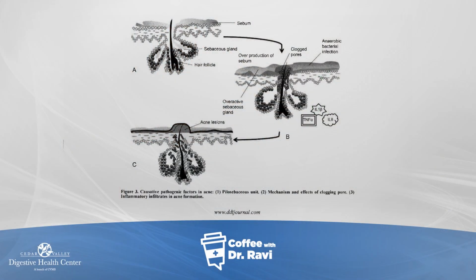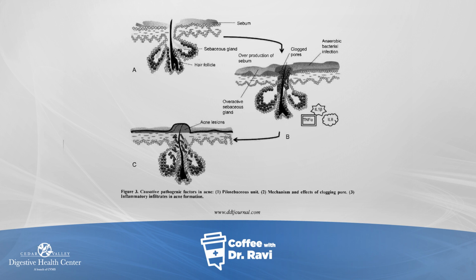So if you look at this diagram of that skin unit that I have on the slide, the skin unit that we're looking at is a hair follicle. You can see the hair come out, but around the hair follicle are sebaceous glands which secrete the oily substance that's needed to lubricate the skin.